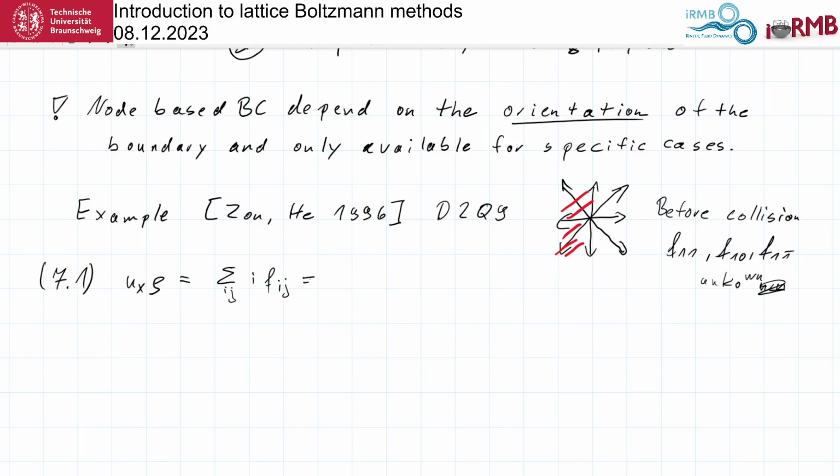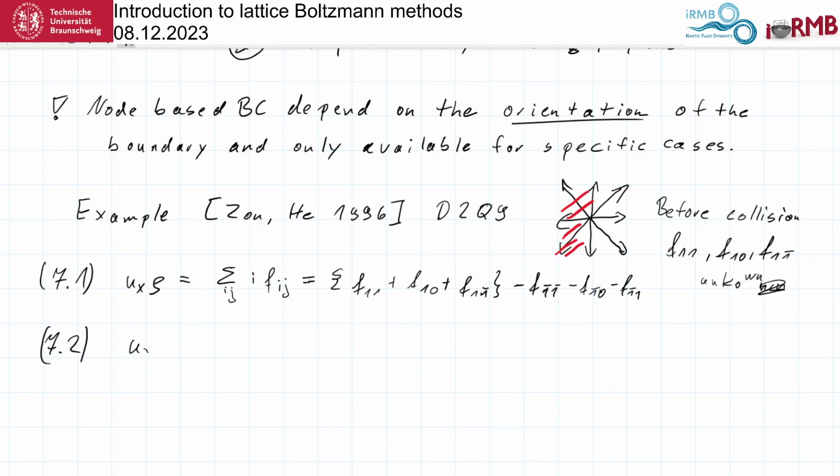I put the stuff that we are looking for in these brackets: f11 plus f10 plus f1 minus 1, minus the other things, f minus 1 minus 1, f minus 1 0, and f minus 1 1. This is how we compute the velocity. Half of this we know and half we don't know.